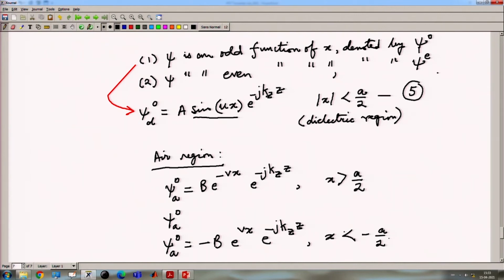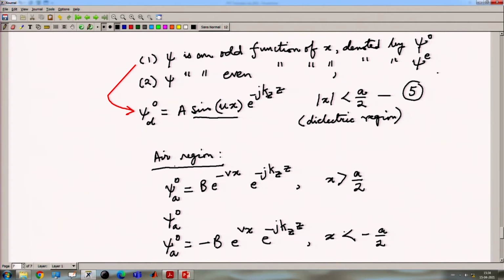Okay, so plus B and minus B are chosen in order to match the fields across the air dielectric interface at x equal to a by 2 and x equal to minus a by 2.